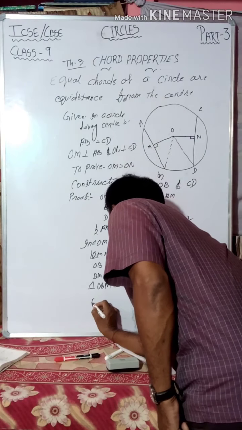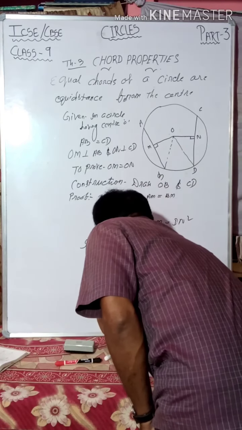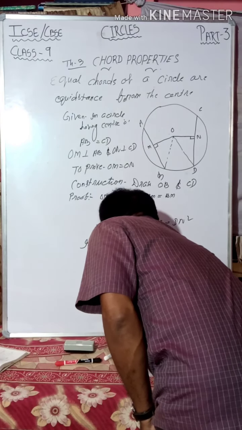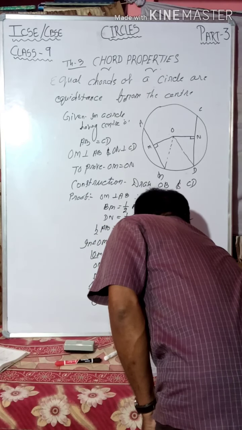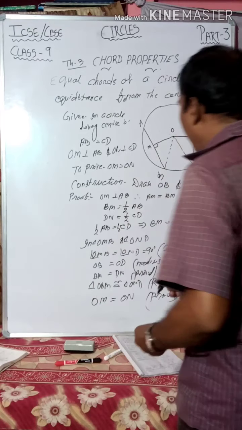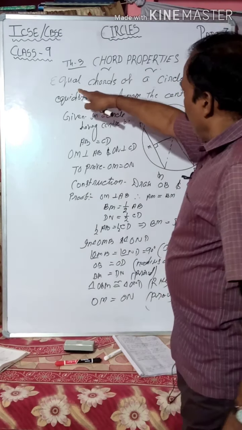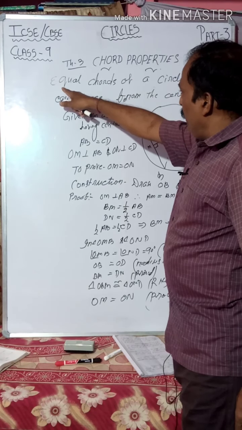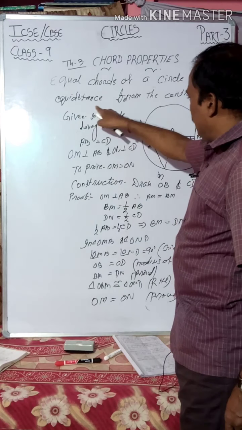So OM is equal to ON. Proved. OM is equal to ON because our statement is here: equal chords of a circle are equidistant.